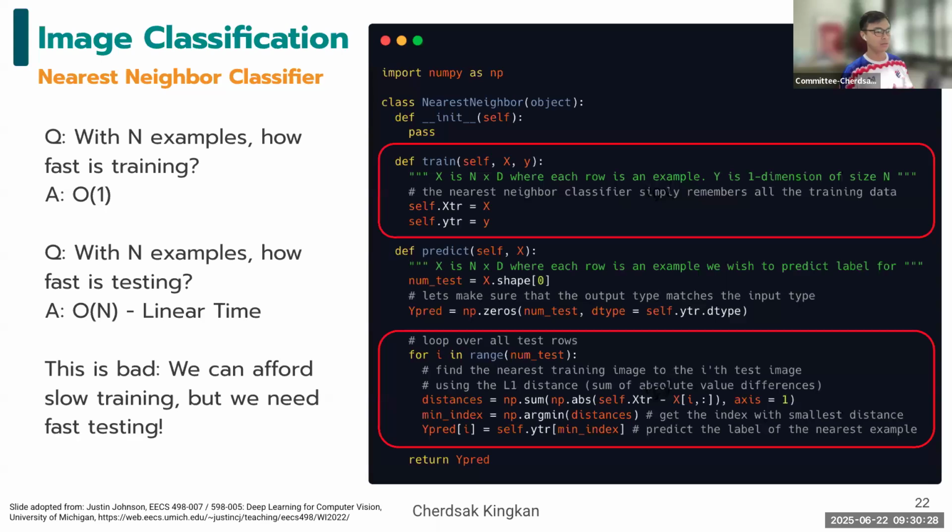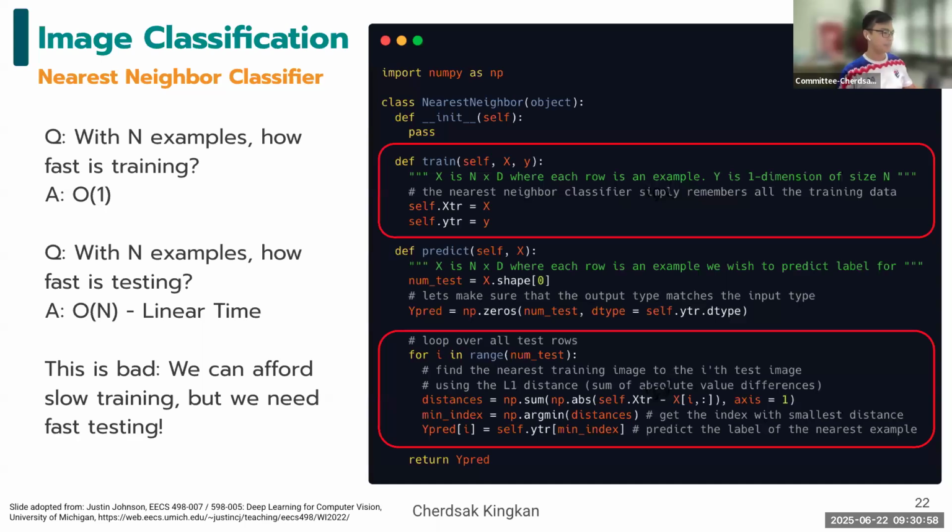But as the number of images or samples keeps increasing, the testing time will go up as well. So just keep in mind that if you need a nearest neighbor classifier, the inference time may be high.